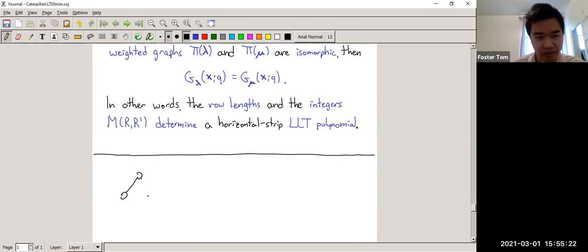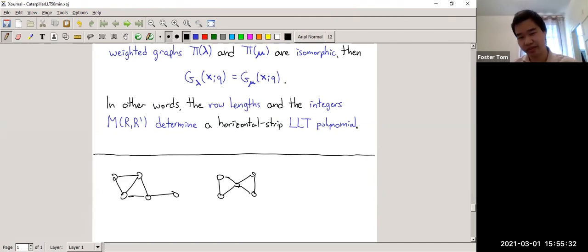If I have this, and if I have this, even in the unicellular case, when we just have this simple unweighted unit interval graph, these graphs are different, but they have the same LLT polynomial, and actually they have the same chromatic symmetric function, and there's a relationship between the LLT polynomial and the chromatic symmetric function. So it's maybe not too surprising that I have a coincidence like this.